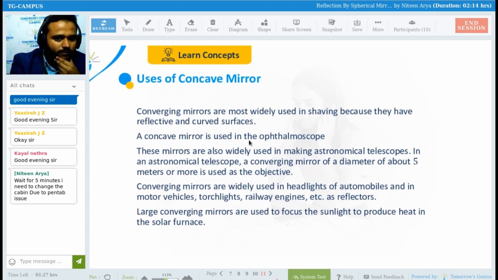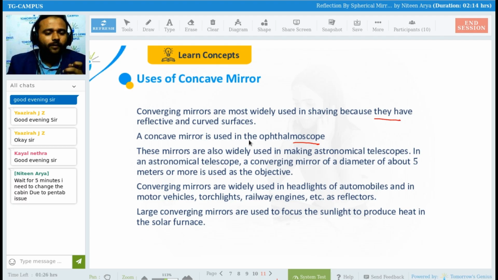Okay, use of concave mirror. Converging mirrors are most widely used in shaving because they have reflective and curved surface. A concave mirror is used in the ophthalmoscope. What is ophthalmoscope? Whenever we go to a dentist, or an eye specialist doctor.